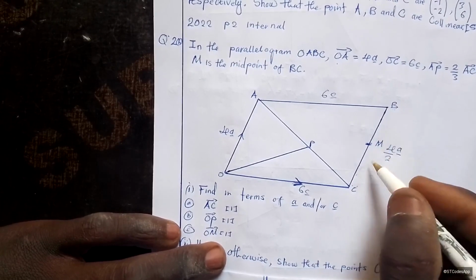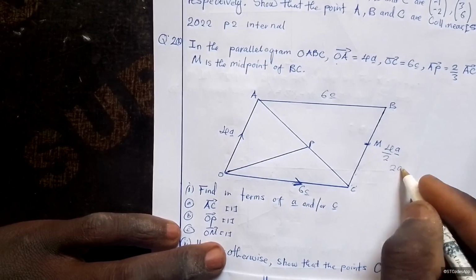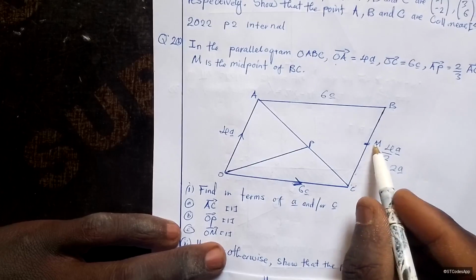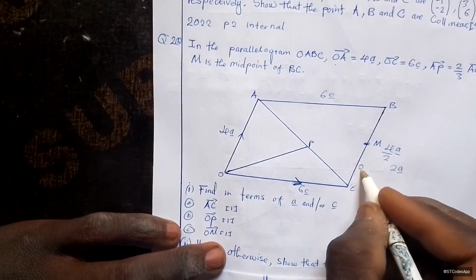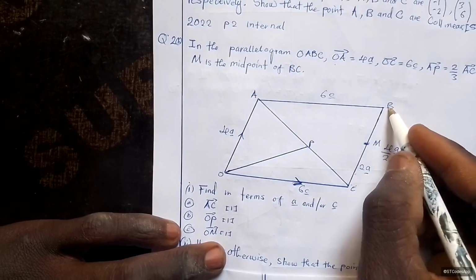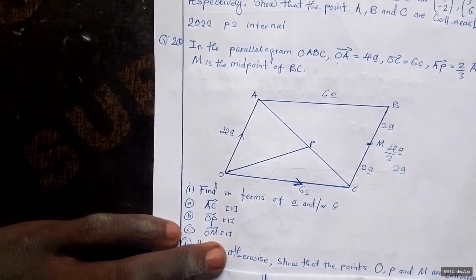Since I have two things here, 2 into 4, I'm going to get 2a vector. Which means from M up to C, I'm going to have 2a vector. Even from B up to M, I'm going to have 2a vector.